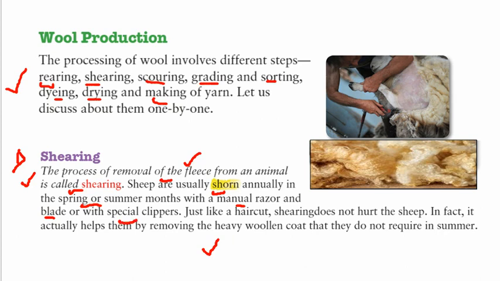So the fleece of the sheep is cut with three things: first is a razor, second is a blade, or third is special clippers. Now shearing is just like a haircut of the sheep.